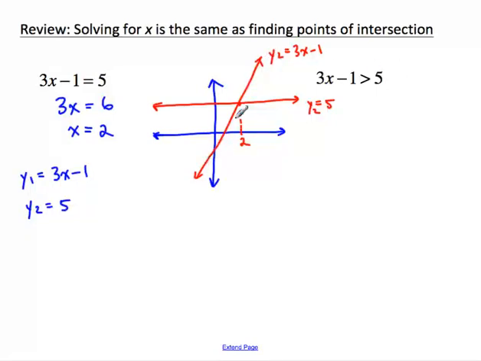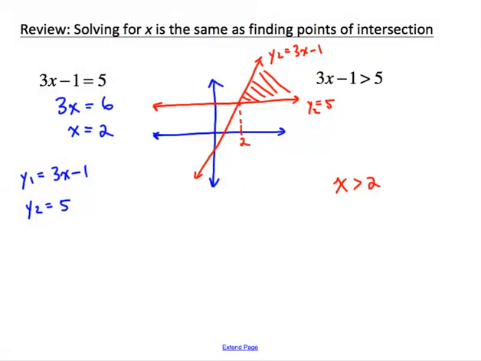If we look at the lines here, everywhere to the right of 2, we see that the graphs have crossed over, and this line is above the horizontal one. So everywhere to the right of 2, in other words, when x is greater than 2, this line is above that one. And so that would be the solution we would get graphically to this inequality.